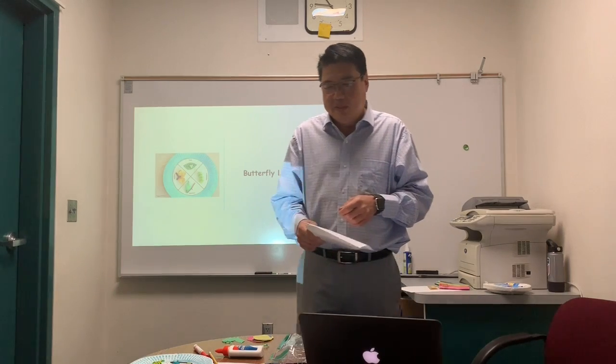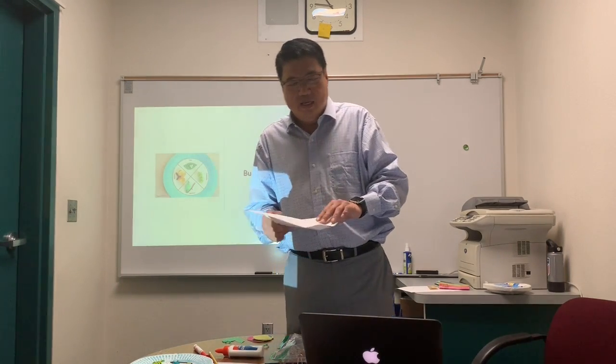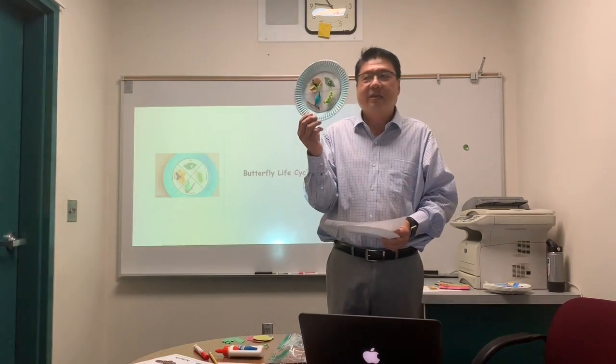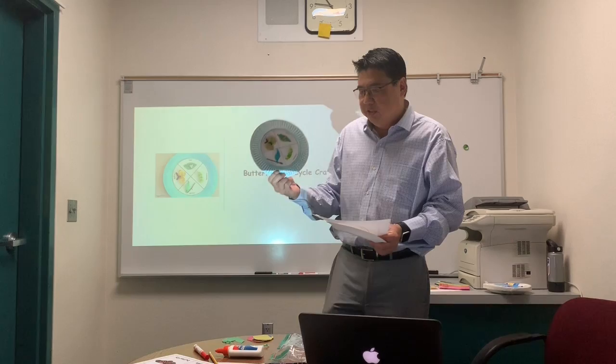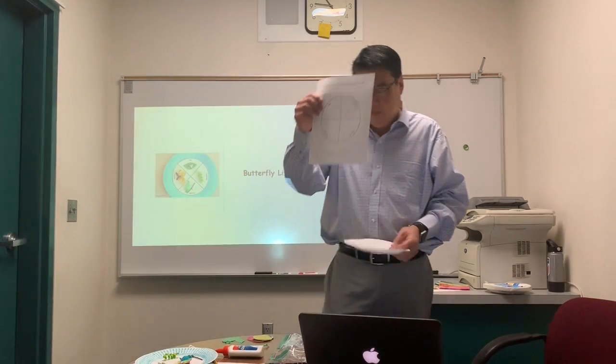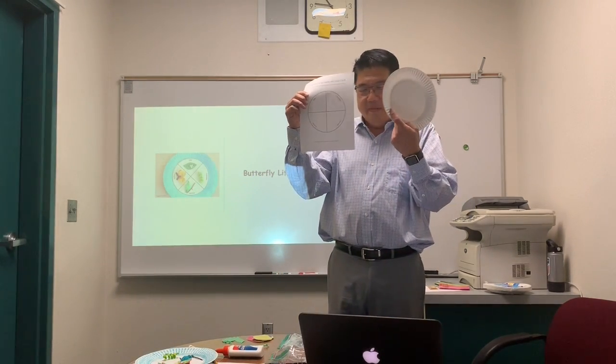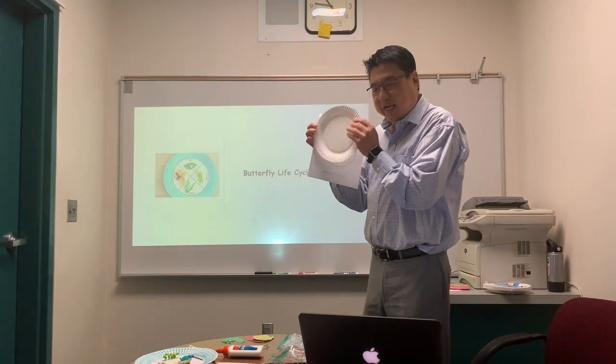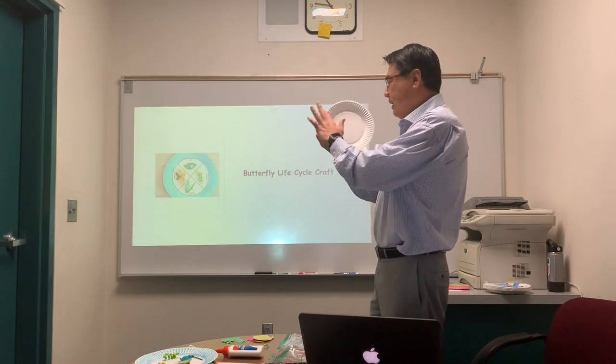Everybody has finished a worksheet. Good job, everybody. We are going to make a butterfly life cycle craft. And this is what we're going to do. I will give all of you a sheet and a plate, and we're going to cut. First of all, before that, you can color the plate around here.